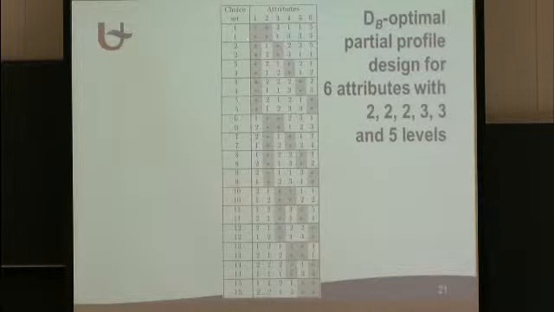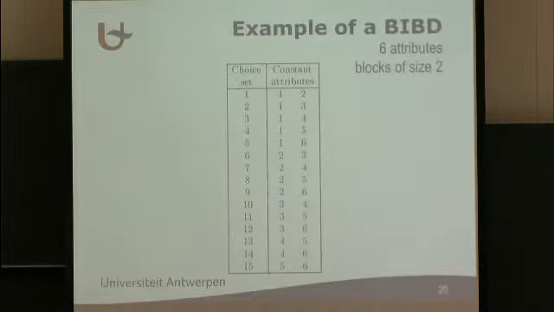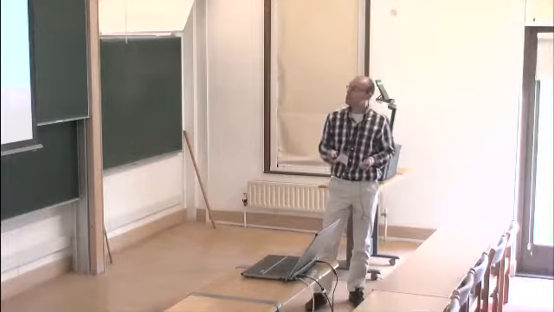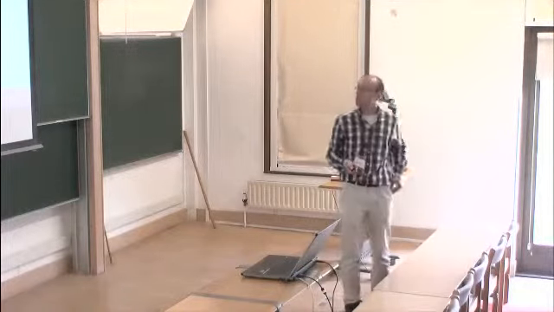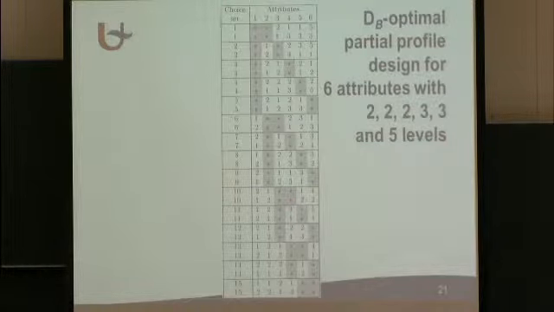In the second choice set, you can see attributes 1 and 3 are held constant. That's because in our balanced incomplete block design, we have the numbers 1 and 3 in the second choice set. So that's how we use balanced incomplete block designs to decide on what attributes to hold constant. I will return to that example later on.